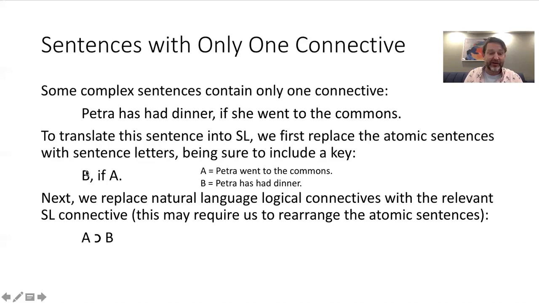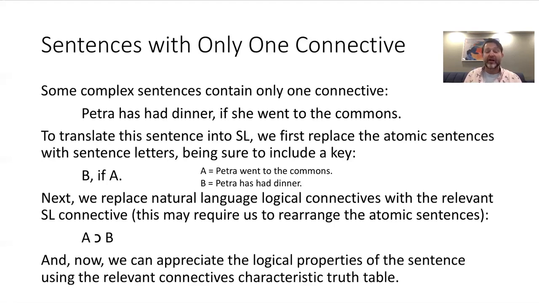So what we'd end up translating this as is if A, then B, right? And so this is what our sentence has come down to. Petra has had dinner if she went to the Commons becomes if A, then B, where A stands for Petra went to the Commons and B stands for Petra has had dinner. And this captures the logical form of the English language sentence.